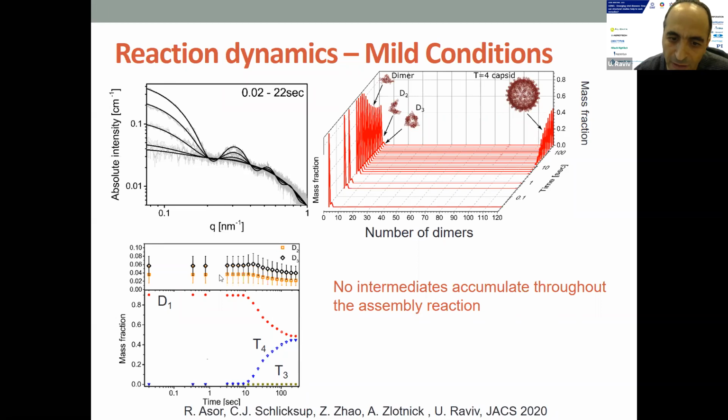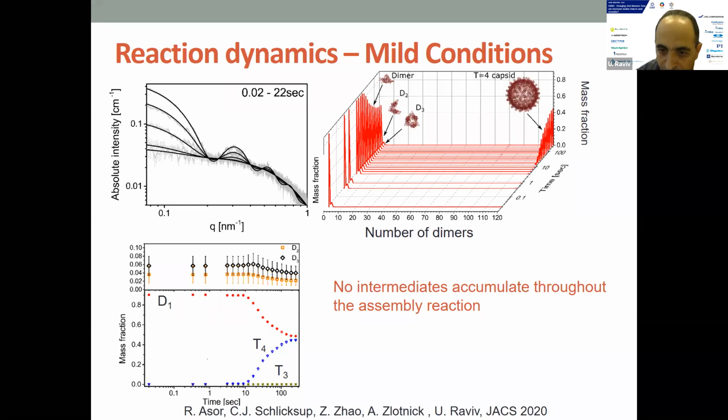Here we have the mass fraction displayed as a function of time for the dimer. And you see the lag phase where no assembly occurs, and then suddenly assembly occurs. T=4 starts to form. There is a little bit of 2 and 3 dimers that accumulate, and that's the only thing that accumulates.